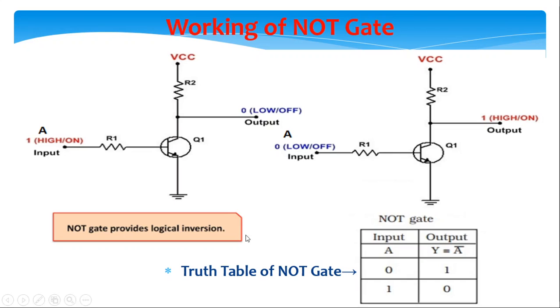In terms of binary, when A equal to 0, then Y is equal to 1 as shown in the truth table. Hence, it is seen that whenever input is high, the output is low and input is low, then output is high.